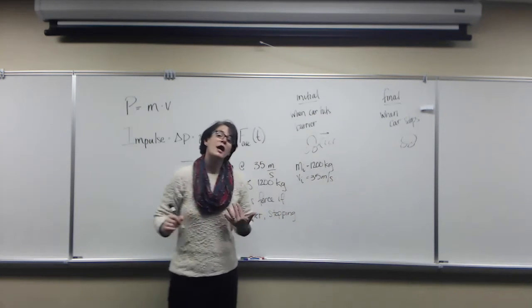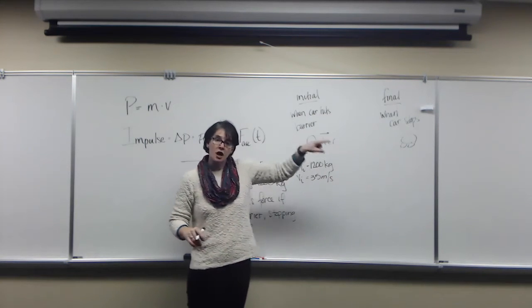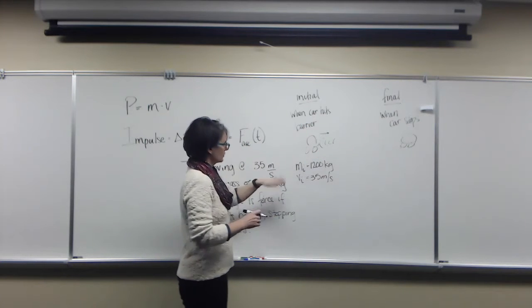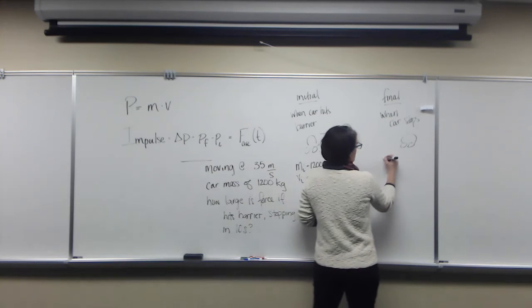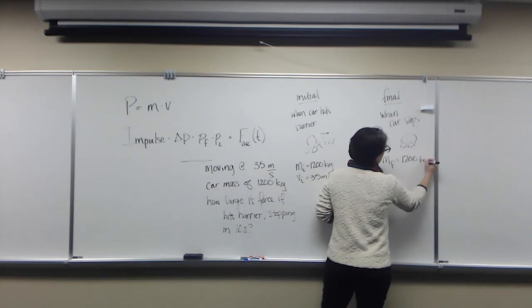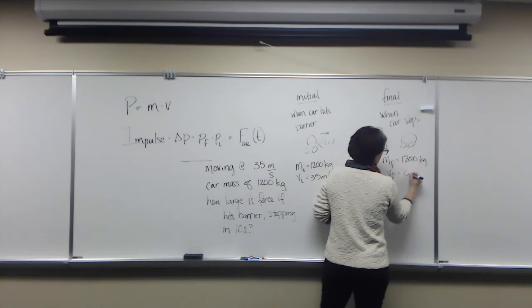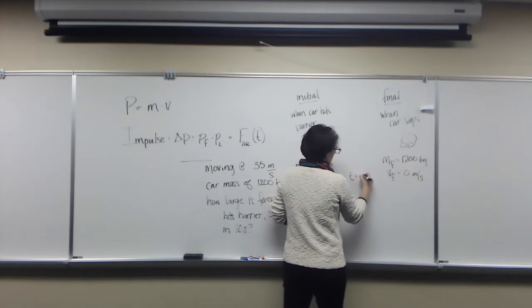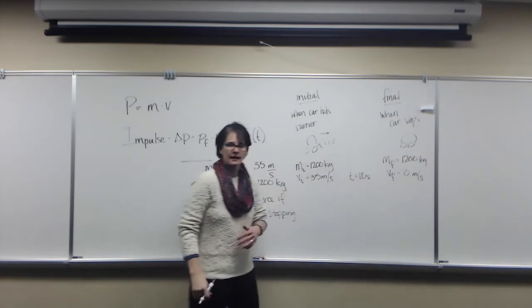As I've drawn it, that is positive. I've drawn it to the right. Remember, momentum has direction. So it's to the right. And the mass of the car did not change, but the final velocity is equal to 0. It came to a stop. And we know this happened over 10 seconds.